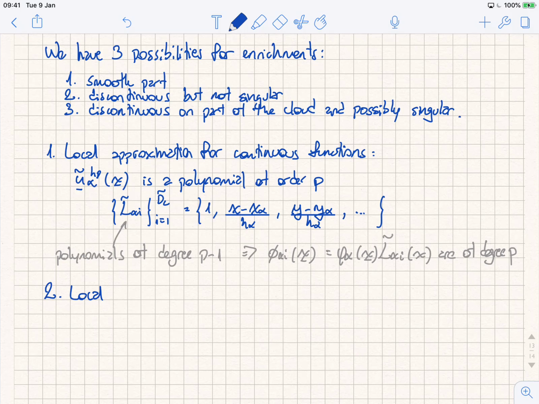Now for the second part, which is discontinuous but not singular, we already discussed, and we're going to use a Heaviside enrichment function.